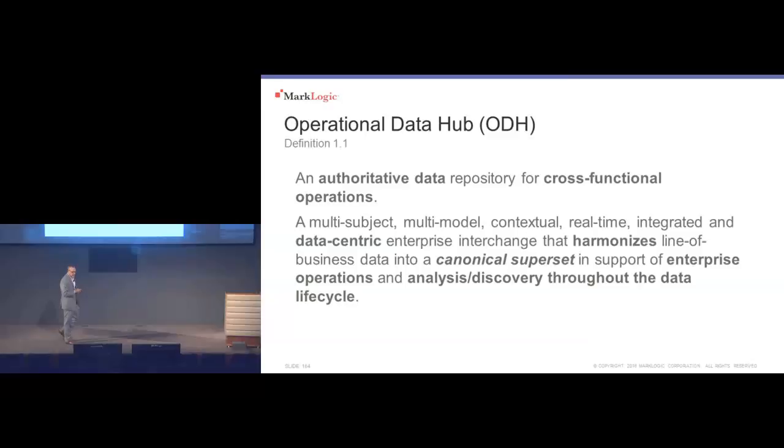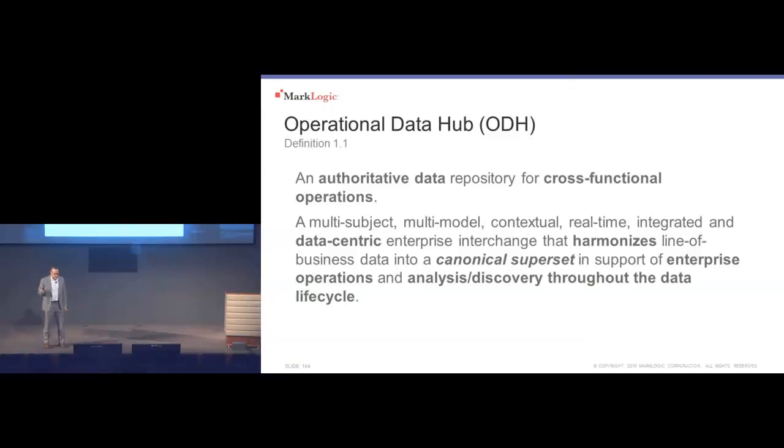We've tried, like Bill Inmon, and said, here's a definition of an operational data hub. It's an authoritative data repository for cross-functional operations within an enterprise. Okay, and I've got all these other words. I won't read it. We're actually trying to shorten it. But I'll mention one point about the cross-functional operations.